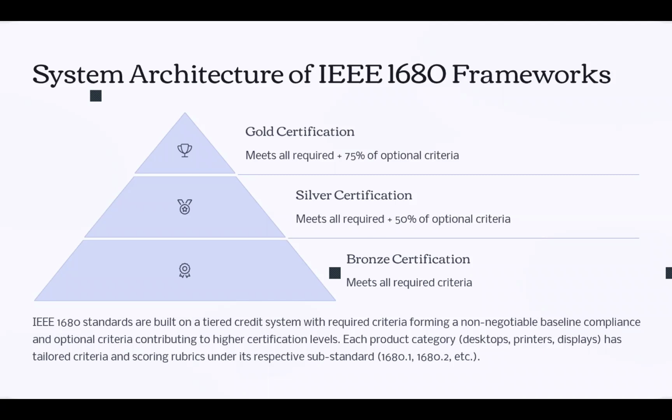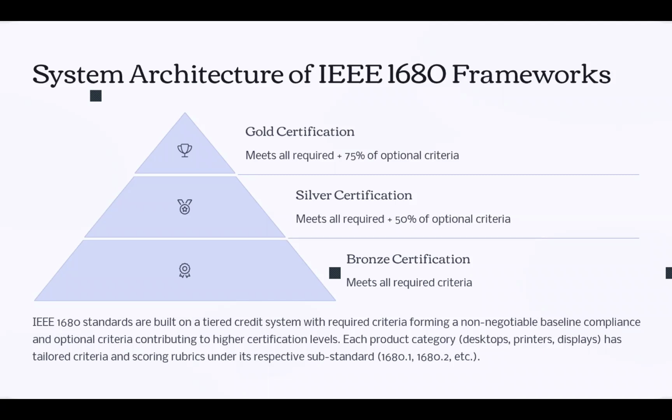no exceptions. But silver means that the product meets all the required criteria and also earns at least 50% of the available optional points. So it does extra work on sustainability.